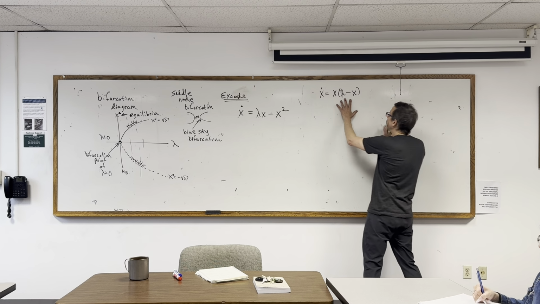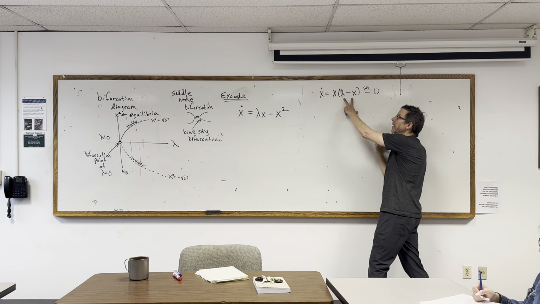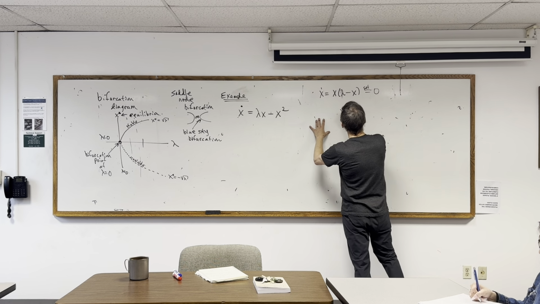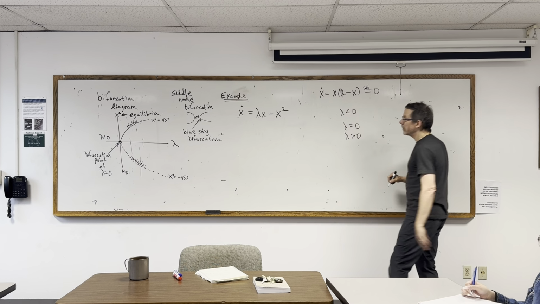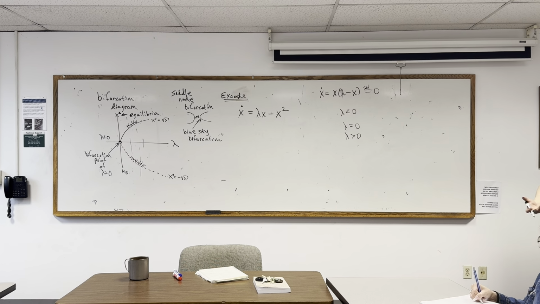And from this, when you set this equal to 0 and solve, you should be able to come up with some solutions. What you need to do is think about, let me give you the hints. So lambda less than 0, lambda equals 0, and lambda greater than 0. Take a few minutes. Enjoy digging into this.